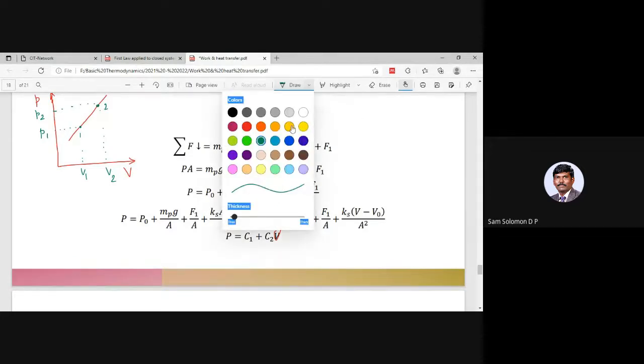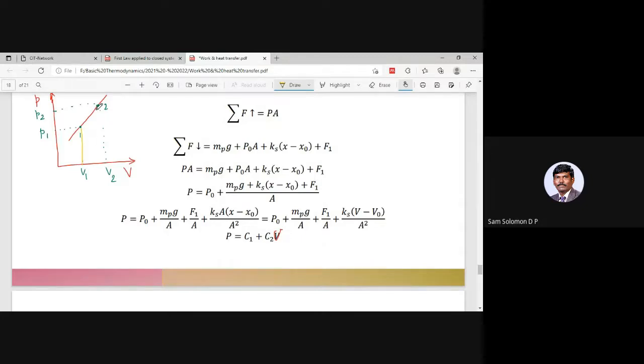Okay. Now, interestingly, we know that the area under the curve in a PV diagram gives you work transfer. And if you consider this by closing all the sides, this guy is a trapezium.